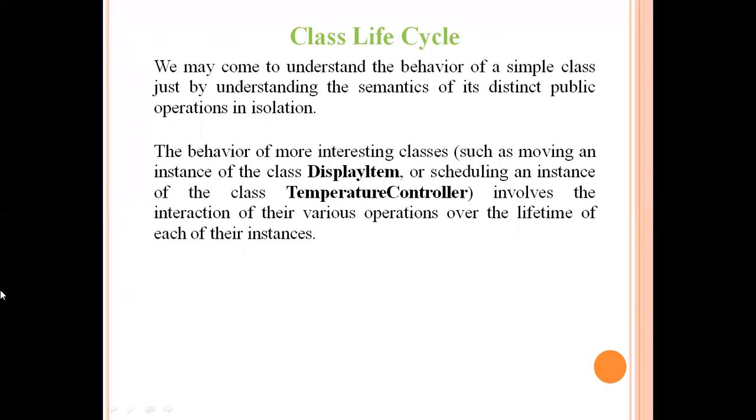Lifetime means it is performing some operations. After completion of the operations, its lifetime is over. So each object must be performing some operations, and these operations interact with other objects over the lifetime of its instance.